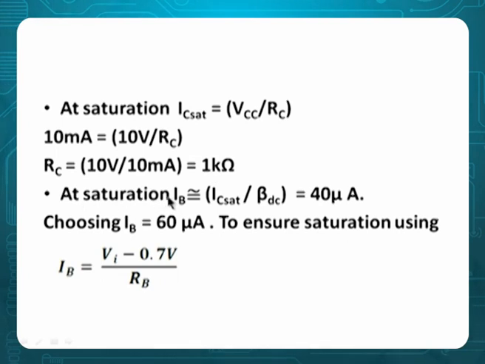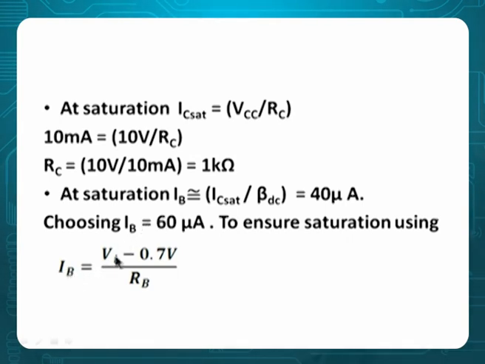At saturation, the condition is IB should be approximately IC sat by beta. IC sat you know, beta you know, that comes to 40 microamperes. That is what is required, but you should give more than required. So to ensure saturation, you take a little more than 40, that's why 60.